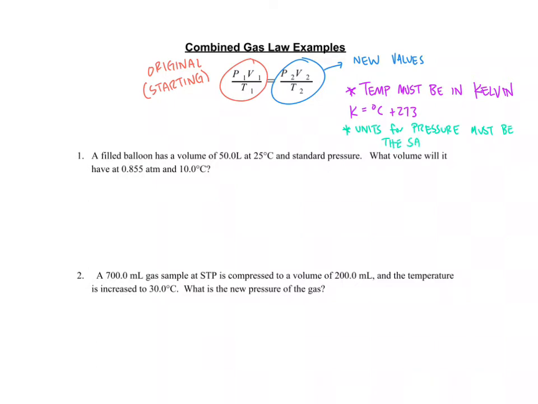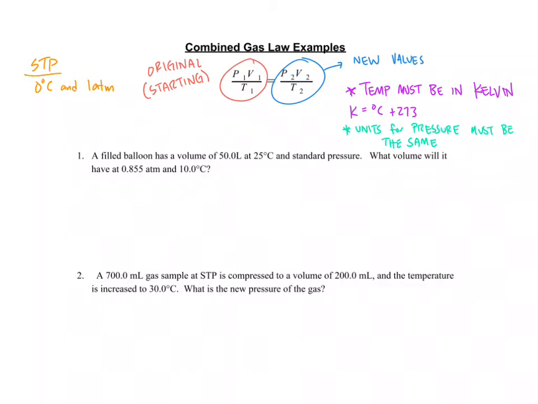Okay, so a couple other things I want to remind you before we get going. Is your conversion factors. So remember that, actually before we get to conversion factors, remember standard temperature and pressure, STP, is 0 degrees Celsius and 1 atmosphere.